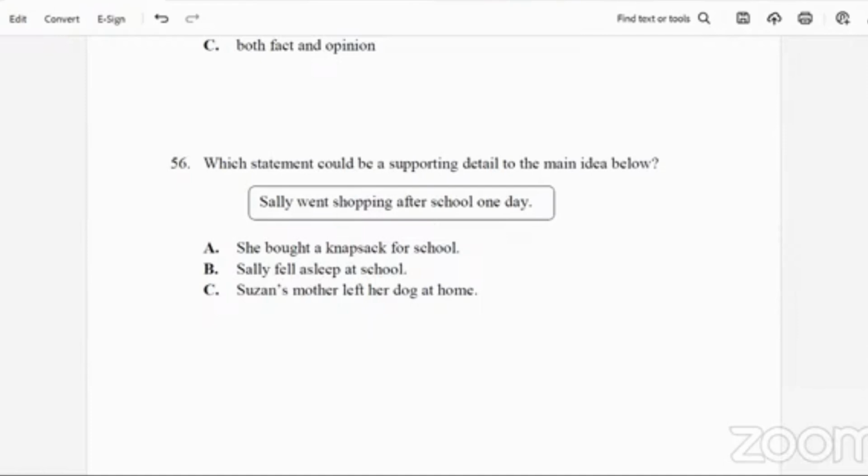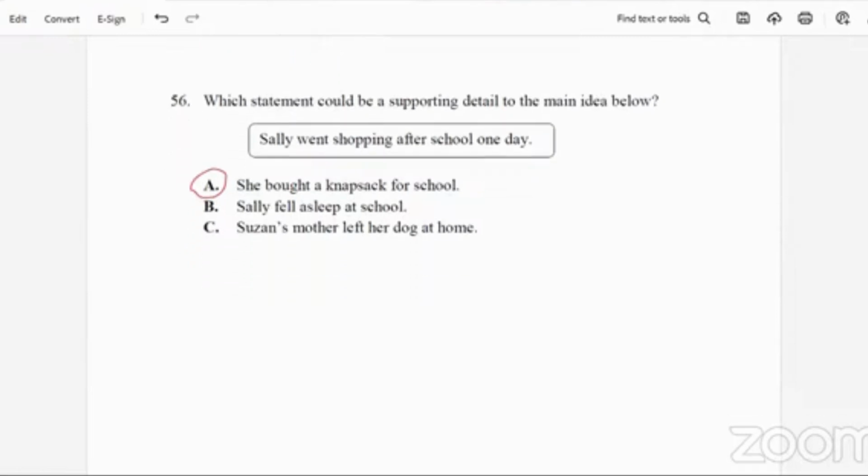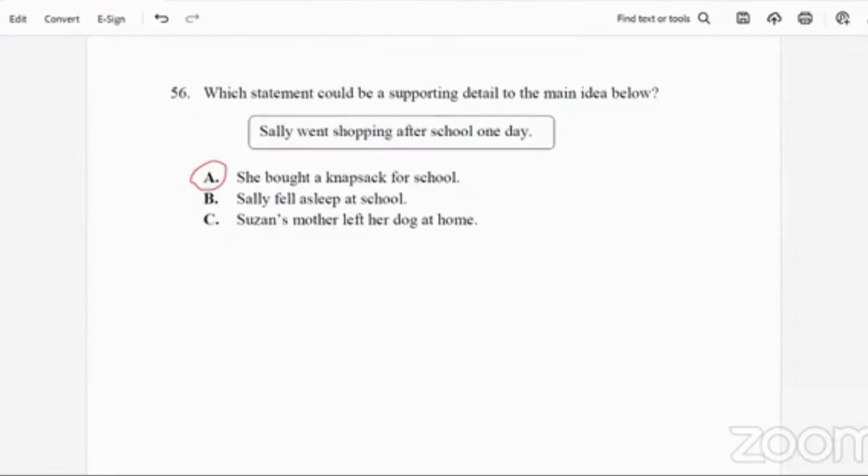If she went shopping, then it would be safe to say or possible that she bought a knapsack for school. Her falling asleep at school would have nothing to do with her shopping, or who's Susan that left a dog at home. That doesn't have anything to do with that statement. The answer is A, she bought a knapsack for school.